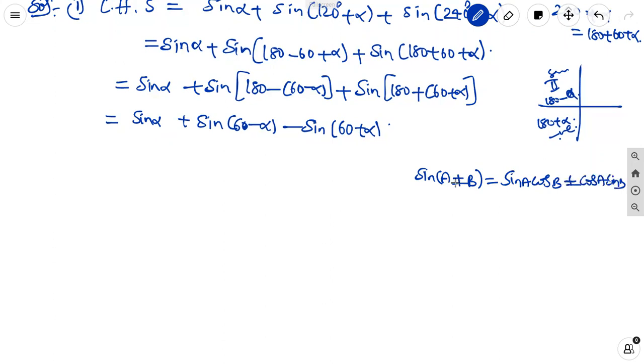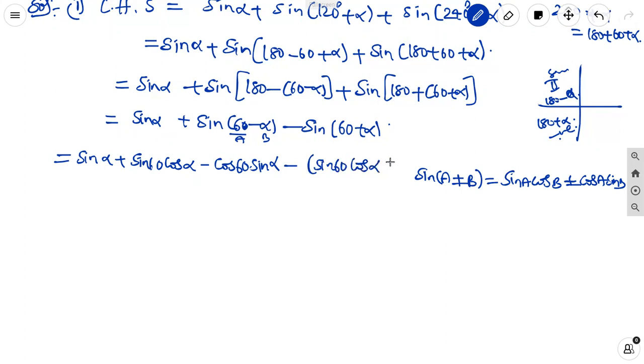For sin of a plus b, it is sin a cos b plus cos a sin b. Sin of a minus b is sin a cos b minus cos a sin b. So it is equal to sin alpha plus sin a cos b minus cos a sin b, minus of sin a cos b plus cos a sin b.